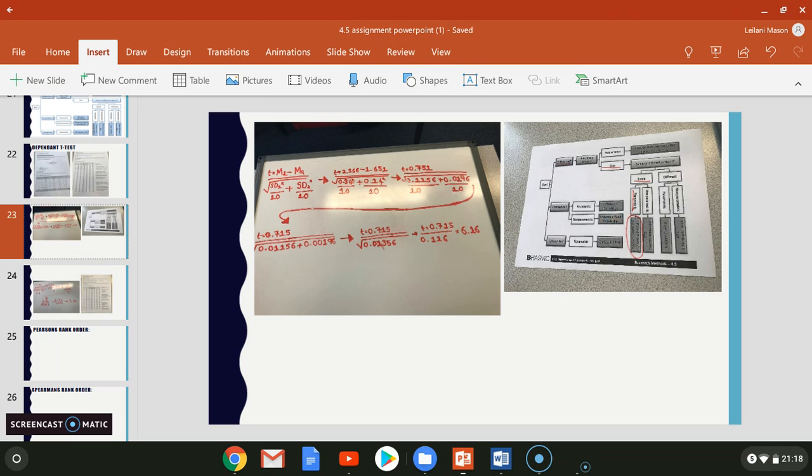So m1 is the mean value of group 1, m2 is the mean value of group 2, s1 is the standard deviation of group 1, s2 is the standard deviation of group 2, n1 is the number of participants in group 1, and n2 is the number of participants in group 2. So it's over 10 because this is the number of participants within the group.